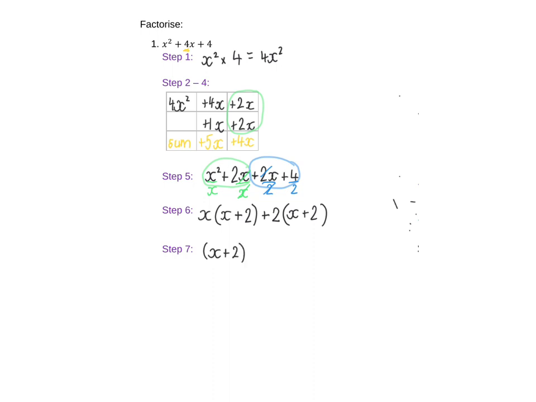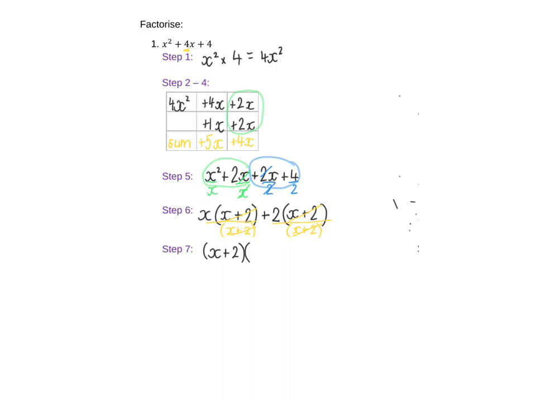When we factorize, remember that it means we are dividing by that common factor. So don't forget what the actual logical step is that's being applied. It eliminates the x plus 2 brackets in each term.